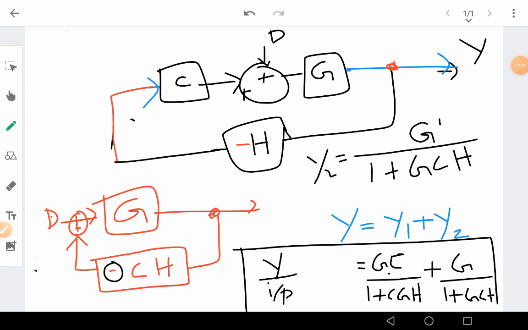Now this is a general transfer function, but there are two different inputs, so we can write the input in the numerator. One is D in the second case, U in the first case.